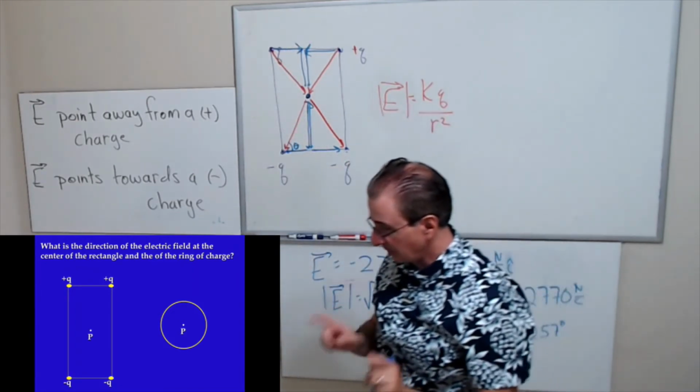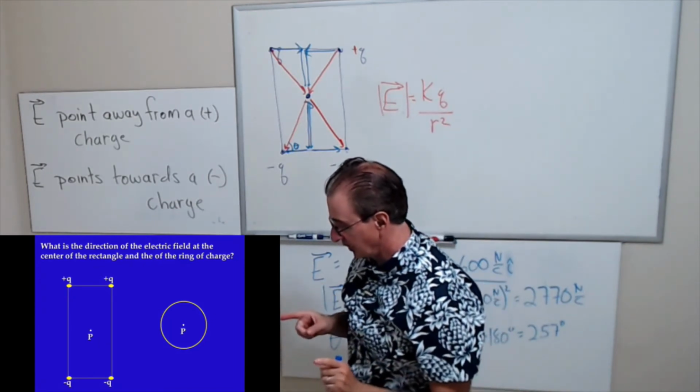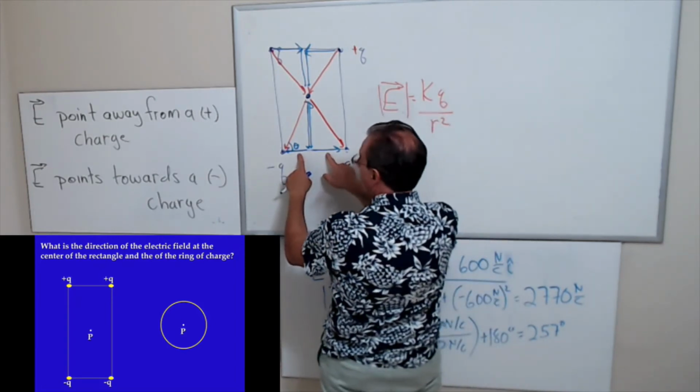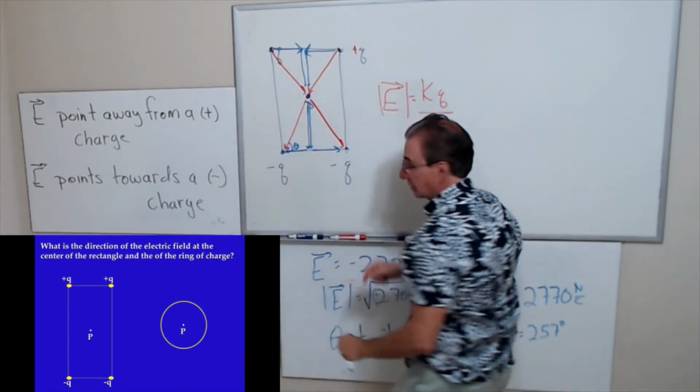The angles are the same, the magnitudes are the same. So what happens to the x components? These two are equal but opposite, and these two are equal but opposite. They cancel.